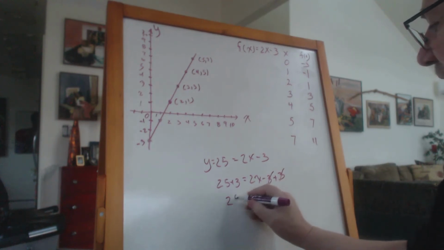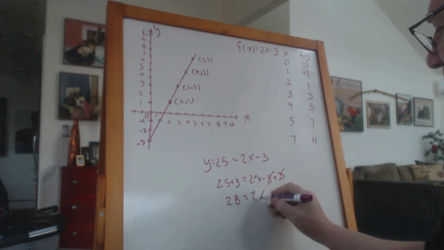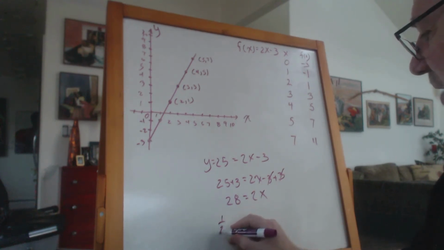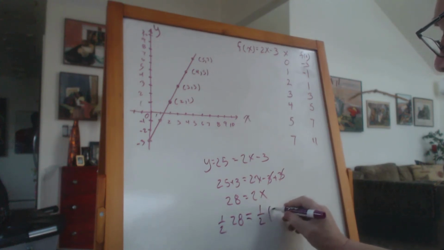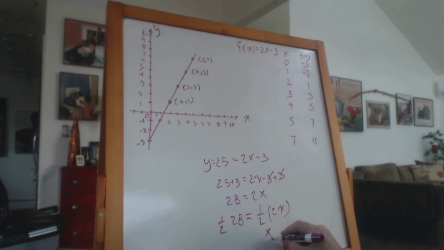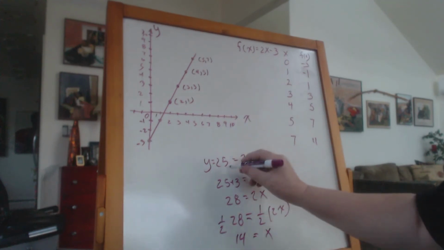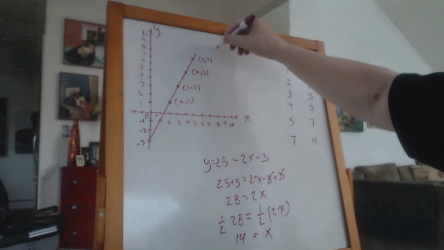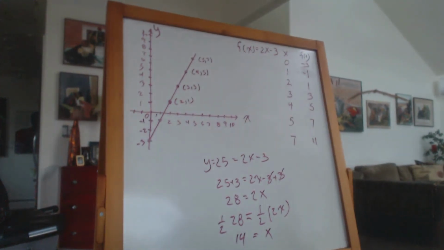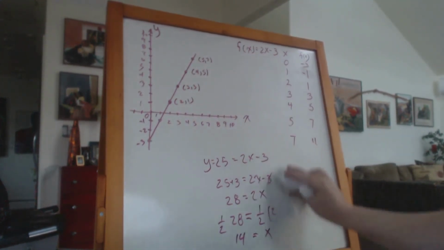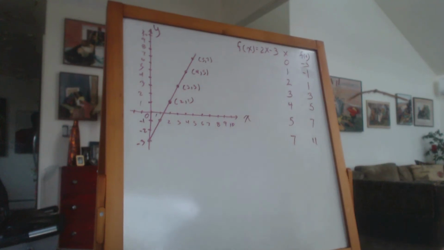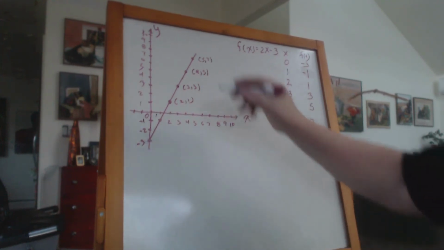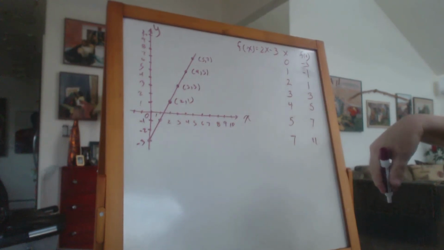We have 28 equals 2x, and we multiply by 1/2 on each side, and we have x equals 14. So when y is 25, x is 14. So we can find any value of x for a given value of y. So we can think of y as being f of x.